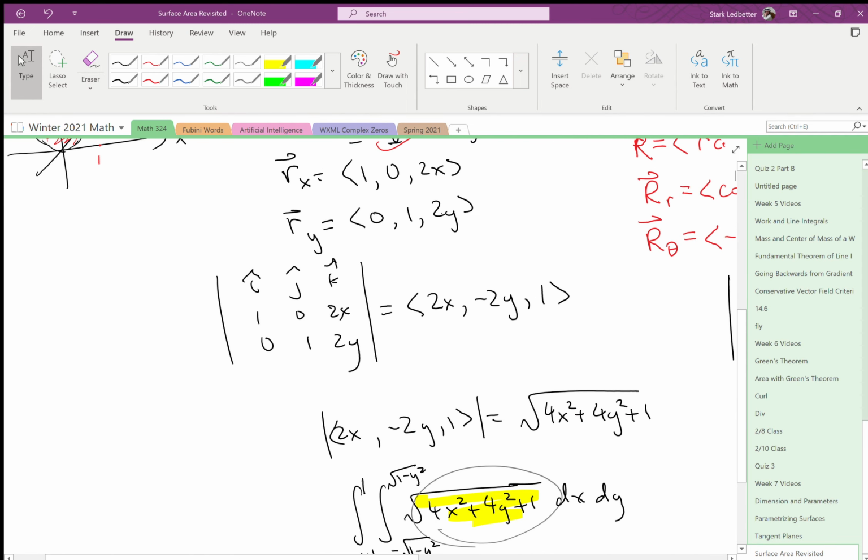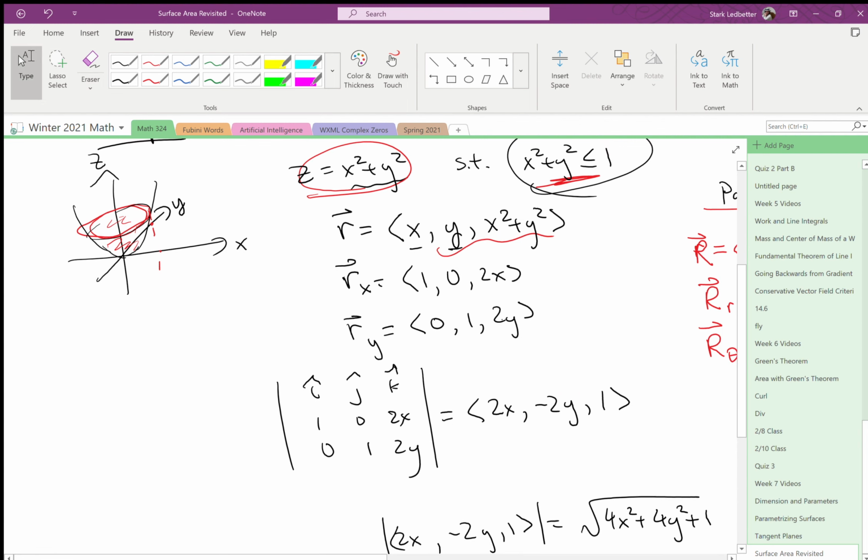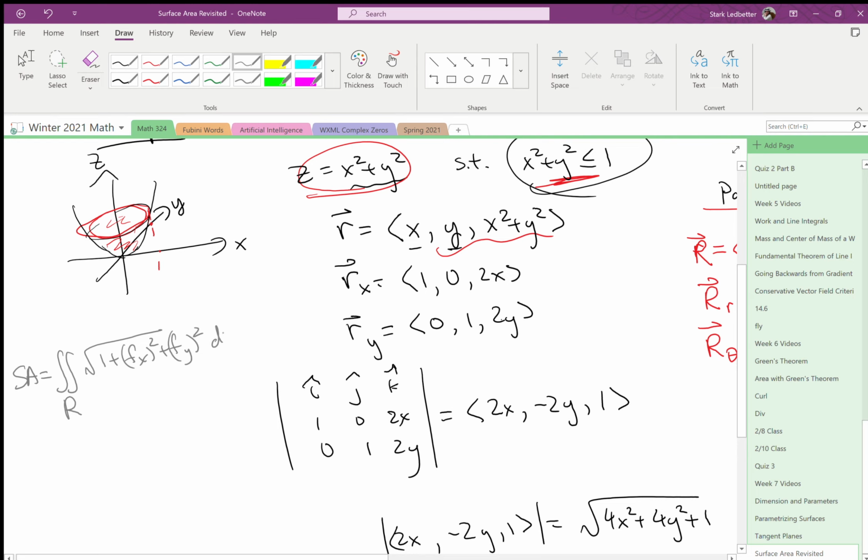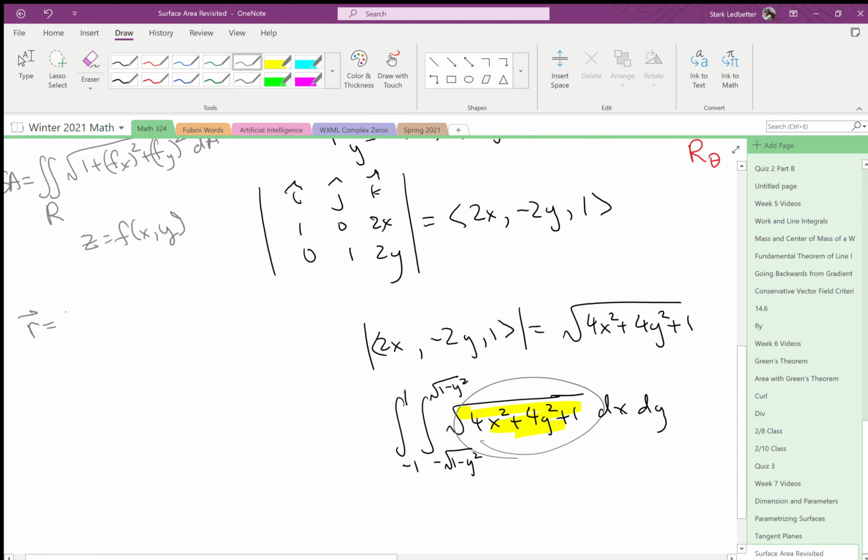I just want to go back to the first version for a second, because remember early on we had a formula for surface area, which was the double integral over the region of the root of 1 plus fx squared plus fy squared dA. And notice that if we have z equals f of xy, then we can always parameterize with r equals x, comma, y, comma, f.